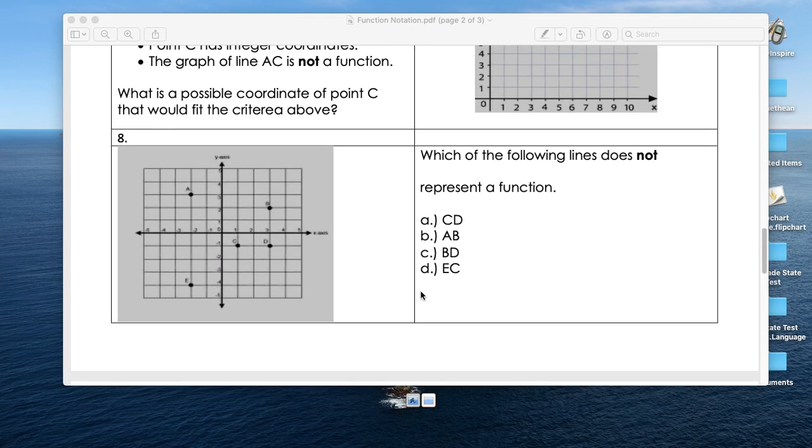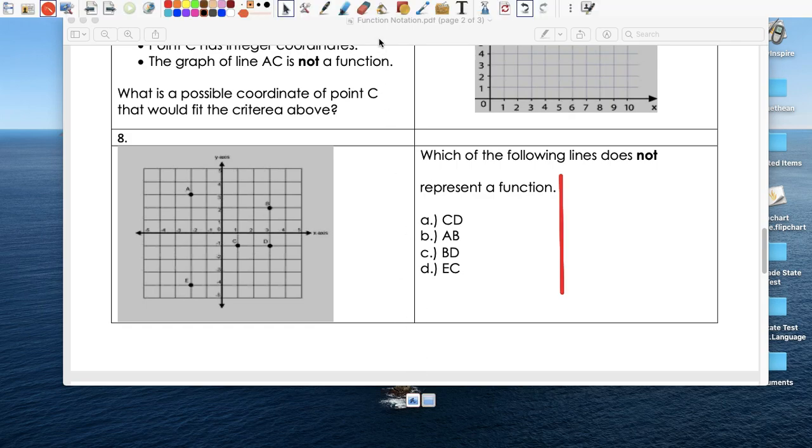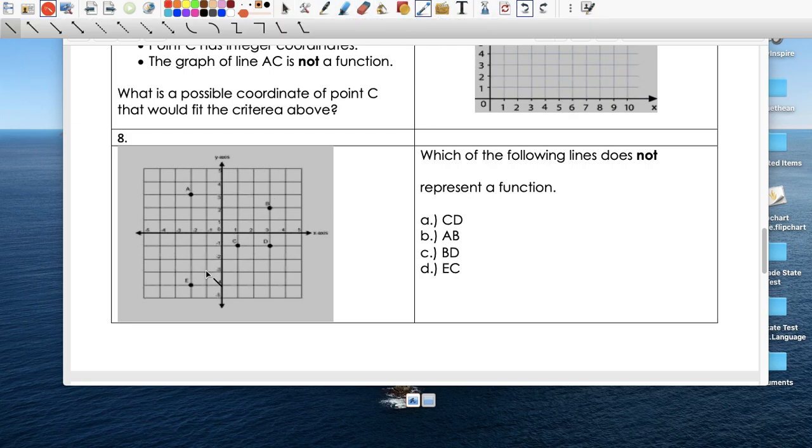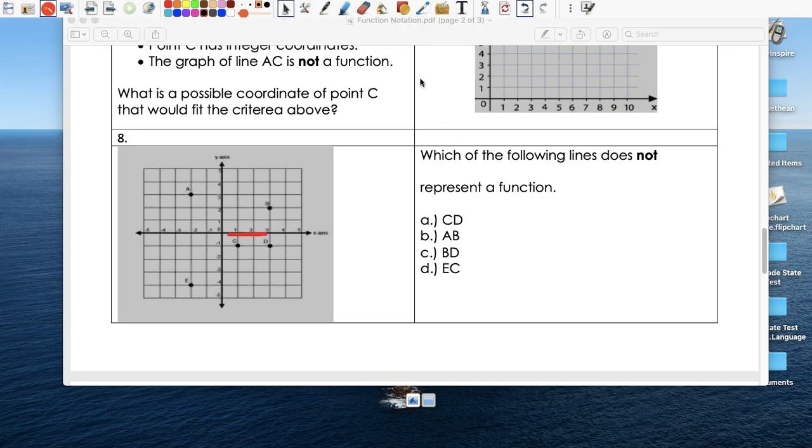Last problem, which of the following lines do not represent a function? Let's do this one by one. Okay, CD. Let's connect C and D. Is that a function? This is where the vertical line test comes in very handy for graphs.